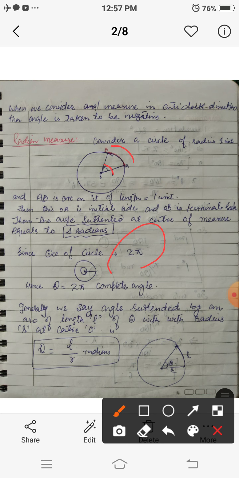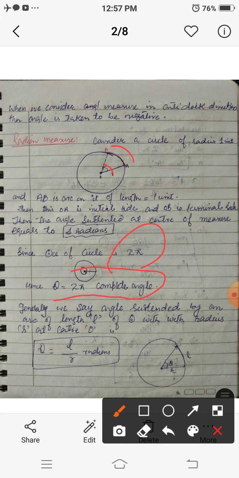And the complete angle is 2 pi, because one complete angle equals 360 degrees, and 360 degrees in the radian system equals 2 pi. Similarly, 180 degrees is 360 upon 2, that is 2 pi by 2, which is simply pi.